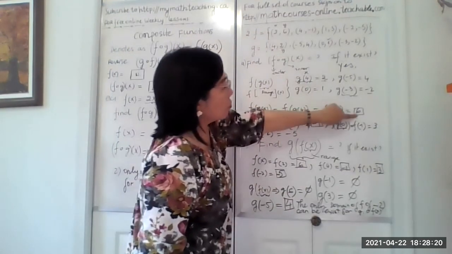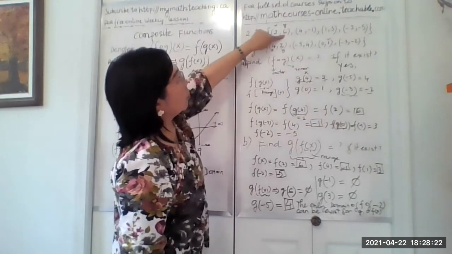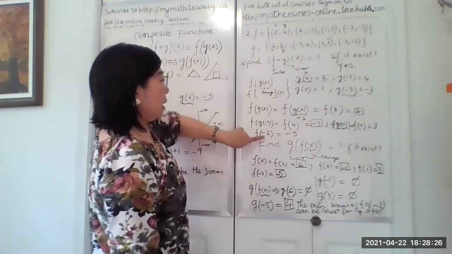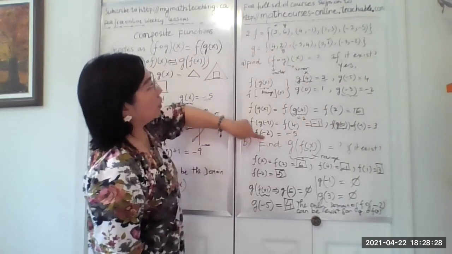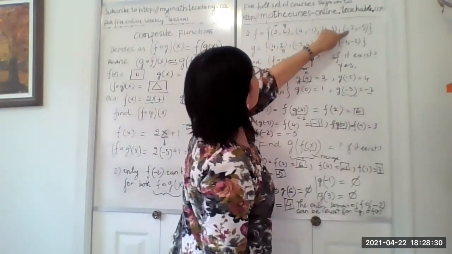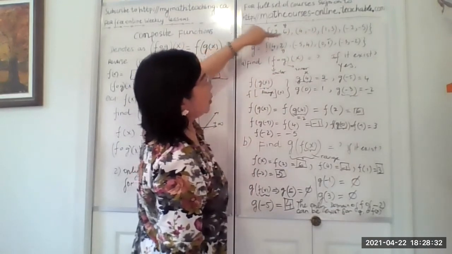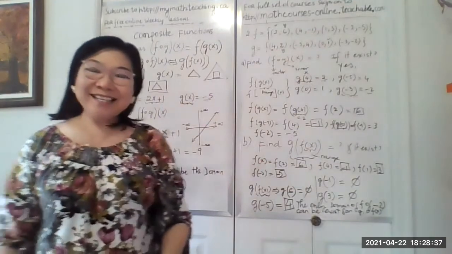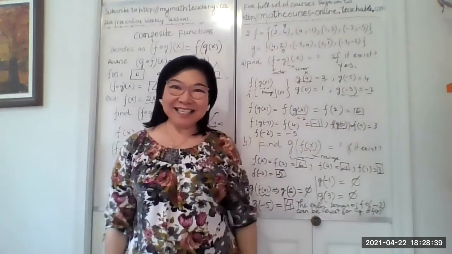So f of 2 equals 6 right here. Follow this coordinate, right? And then f of minus 2: you look at the f function here, and f of minus 2 equals minus 5. So basically, that is about it.